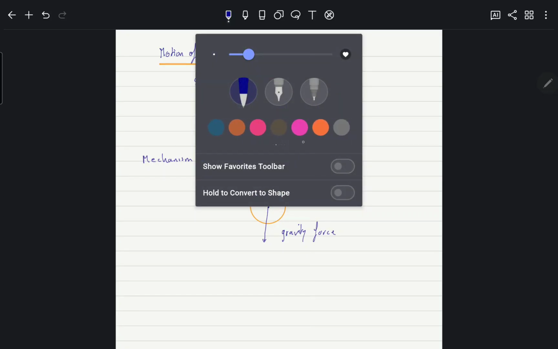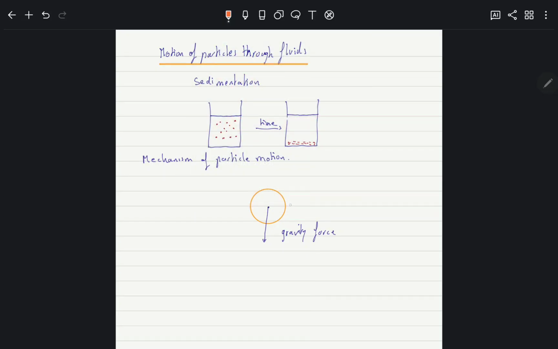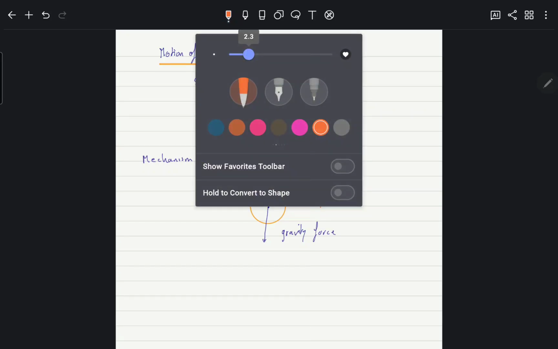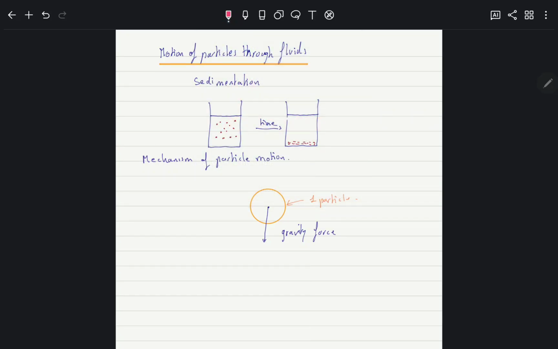Remember this is going to be one particle. So the gravity force acts on our particle. There is also, since it is immersed in a liquid, in a fluid, the buoyancy force.